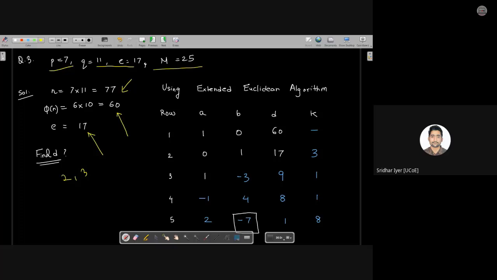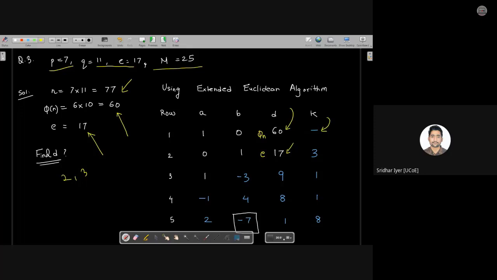I have solved this, but I will go step by step. The very first thing over here is phi of n, which is 60. This value is your E value, so I'm writing it over here. This is phi n. This is E. The first value remains the same.